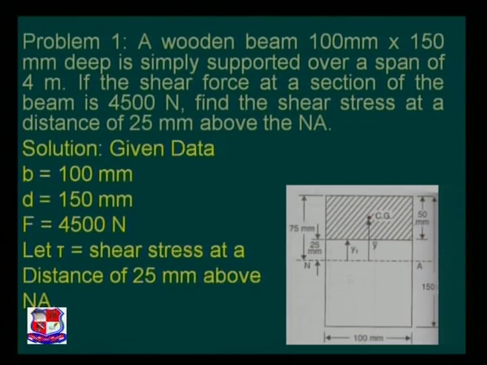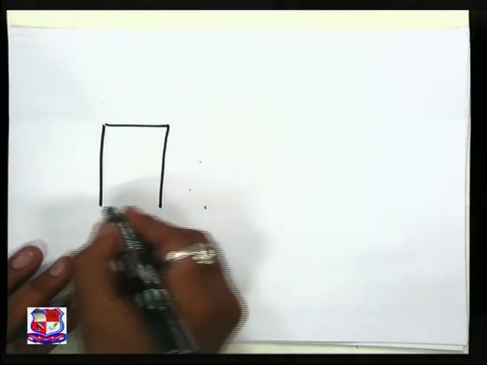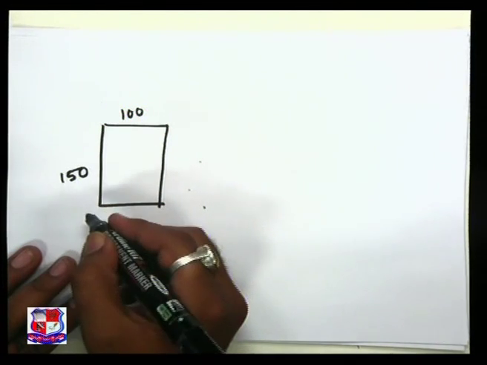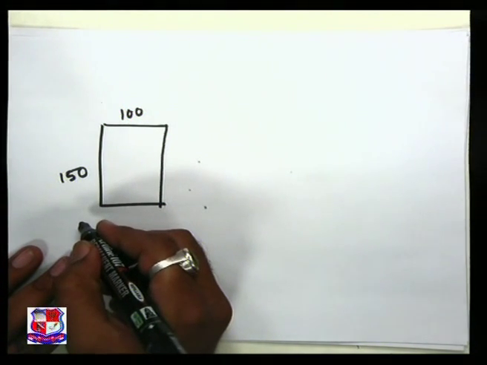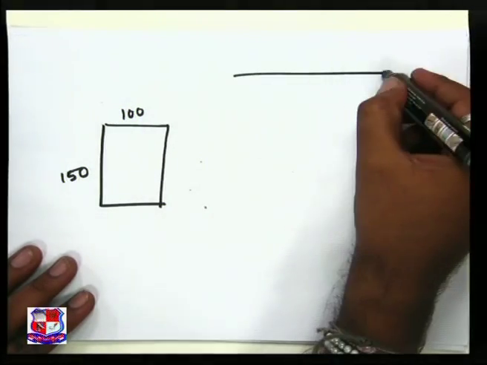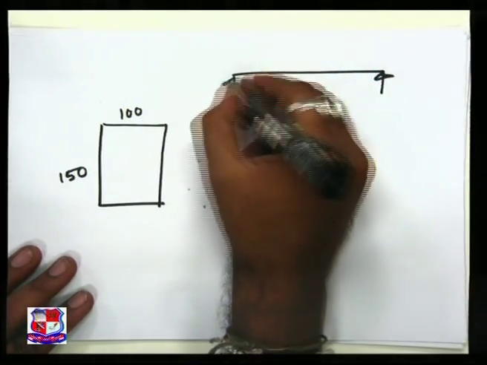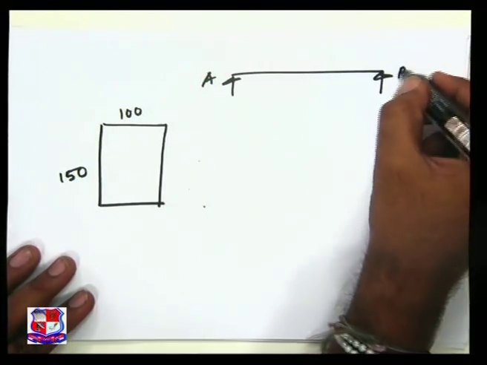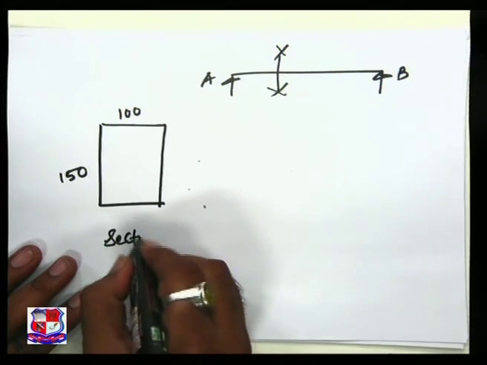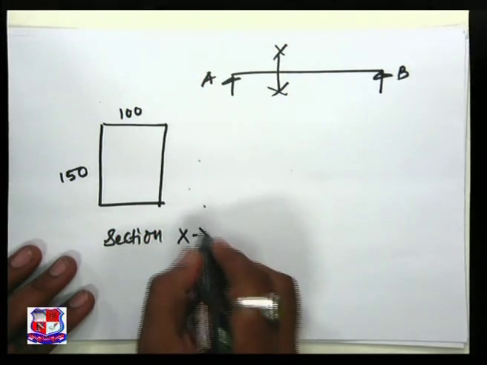They have given a cross section of 100 by 150 mm, and it has been stated that it is a simply supported beam. This is one of the sections, XX, which has been given to us.